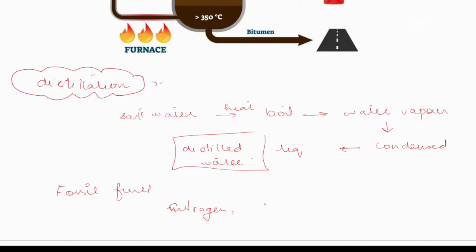So when we burn it, they produce oxides of sulfur or oxides of nitrogen, which can lead to pollution. So whenever we filter the crude oil, we remove these nitrogen and sulfur compounds as well, to get it in a good form.